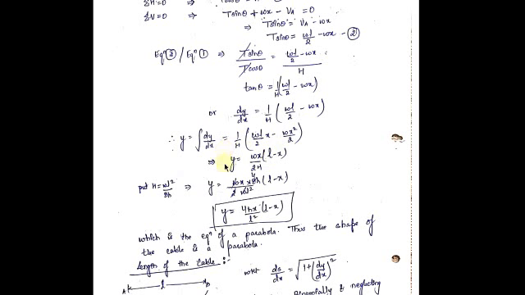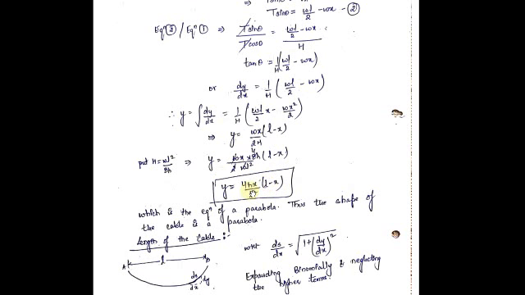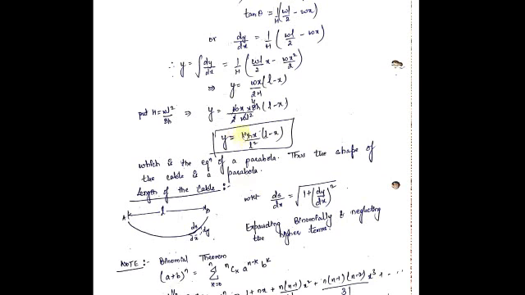Now we can write this equation like this. After this, put the value of H here. The value of capital H was WL square by 8h. When you solve this, you will get the value of y as 4hx upon L square into L minus x. Now if you see, you will find that this is the equation of a parabola. Therefore the shape of the cable is a parabola.